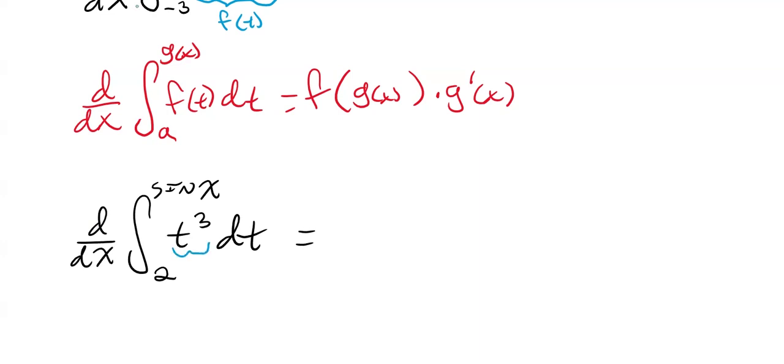This is our f of t. And we plug in, instead of t, this function of x. So it's going to be sine of x, cubed. So we plugged this function into the t, where the t was, and then times the derivative of this function. So times cosine of x.